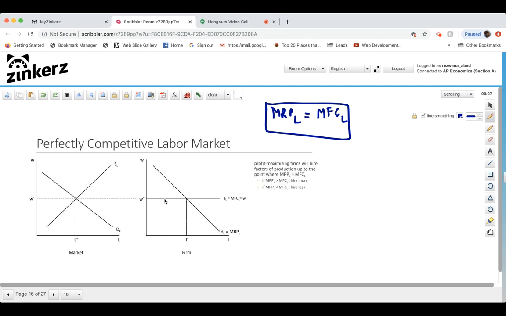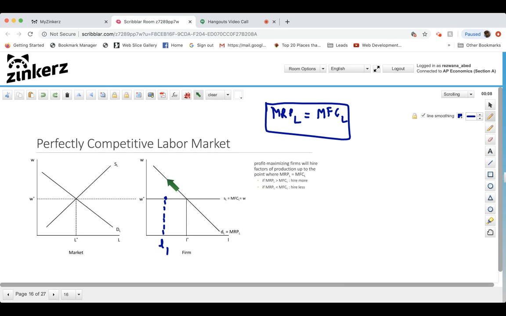What we see here is that if they were to hire somebody at the left of this, let's say at L1, what is higher, the MRP or the MFC, at this quantity of labor? The MRP. Yes, right.